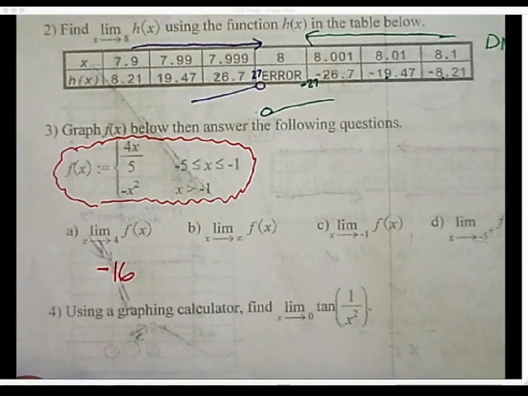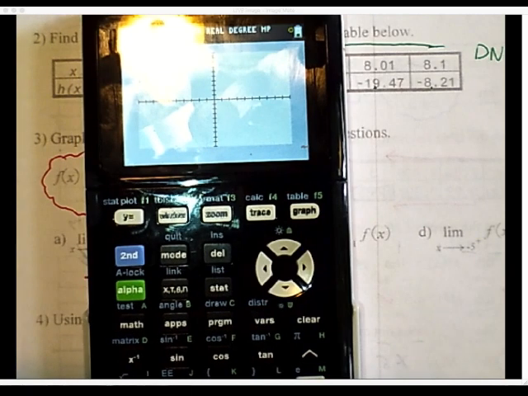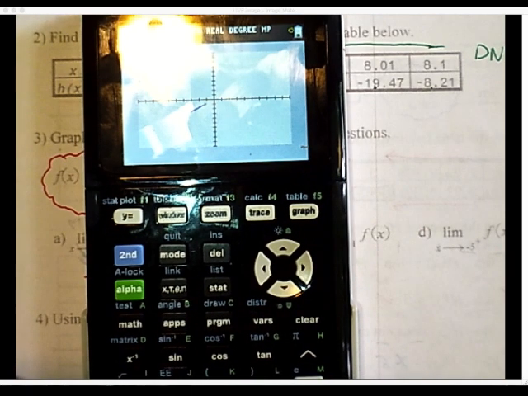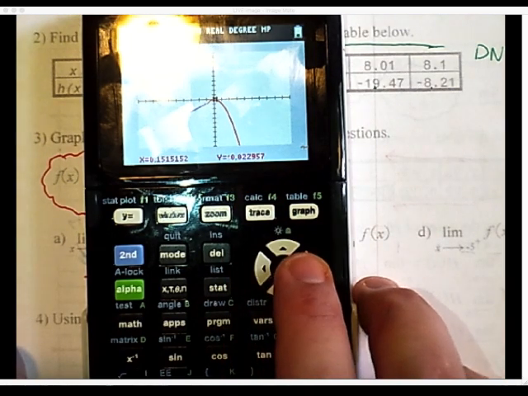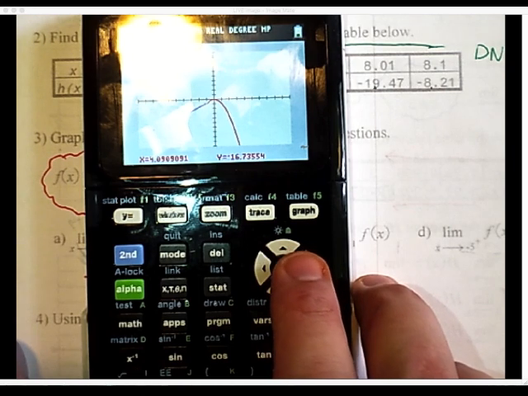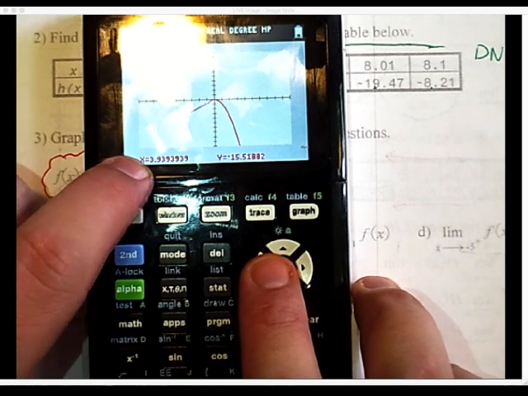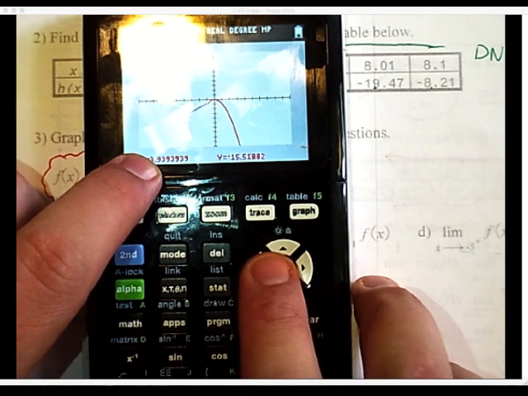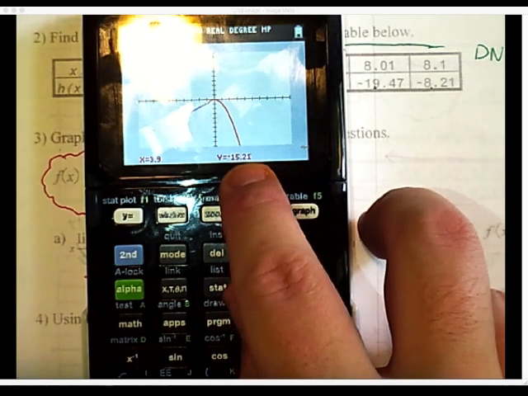In a way you can confirm this on your calculator. Let me go back to the graph and just go zoom standard. If I hit trace and toggle down to Y2, if I just keep hitting over, it kind of does the step for me, but when the x value is 3.9, it tells me the y value is negative 15.